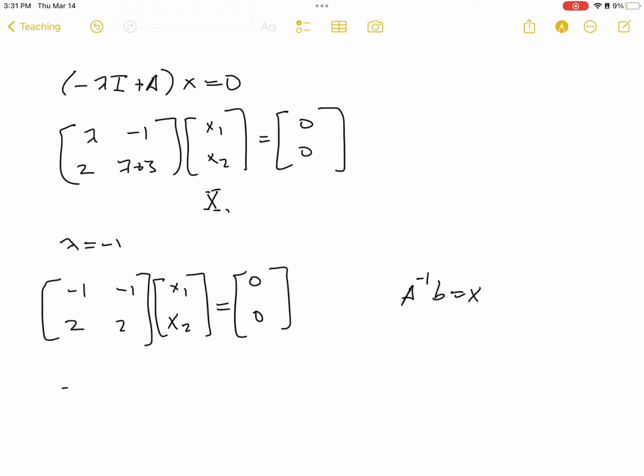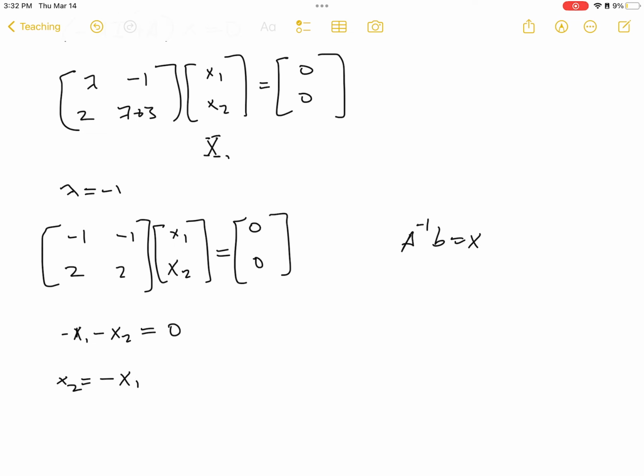So if we said minus x1 minus x2 equals 0, we know from the start, from just this first equation, that x2 equals minus x1. And this is what you'll always get with an eigenvalue problem. You'll never get x1 equals one single value and x2 equals one single value.